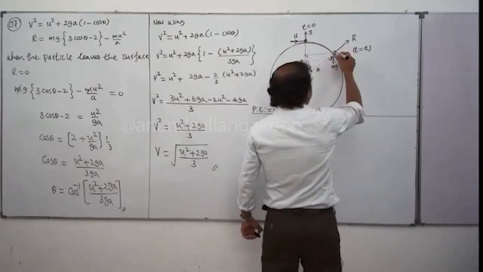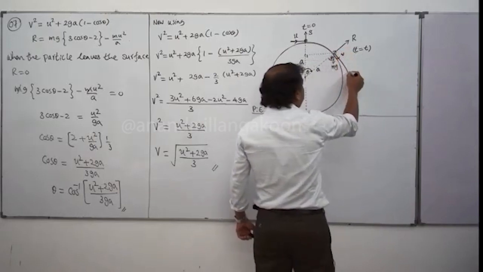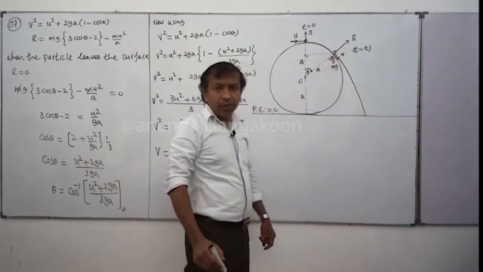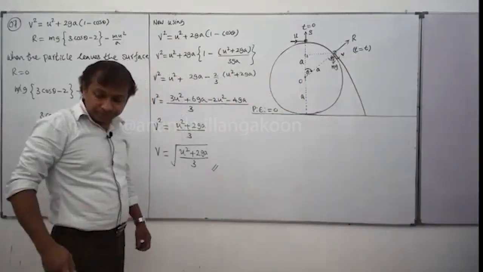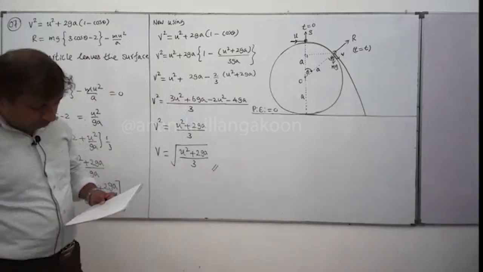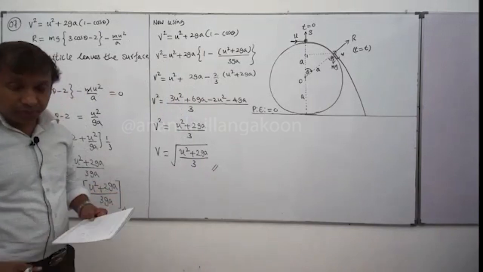Now the particle moves as projectile motion under gravity like this, and then the particle hits the horizontal plane. Find the horizontal displacement of the particle when it falls on the plane.